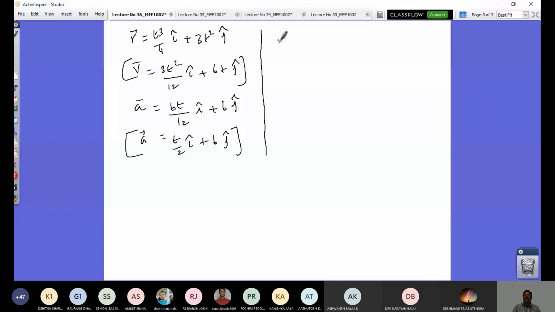So at t equals 2 seconds, I can rewrite v vector as 3 into 2 square by 4 i plus 6 into 2 j. Similarly, what is my acceleration vector? That's going to be 2 by 2 i plus 6 j.